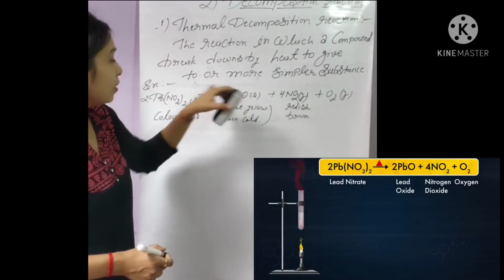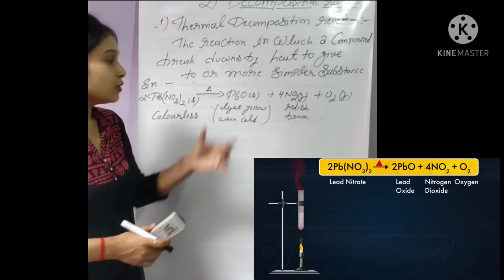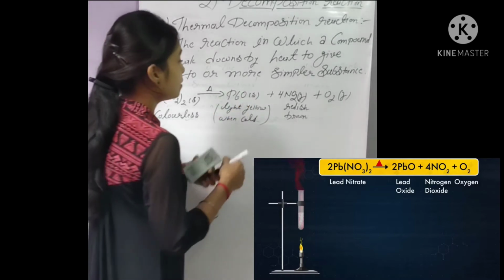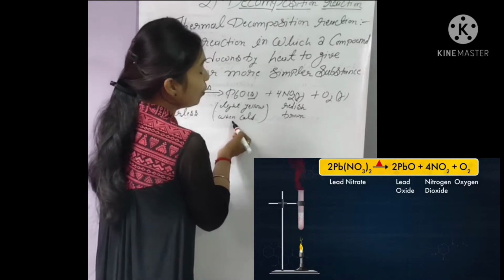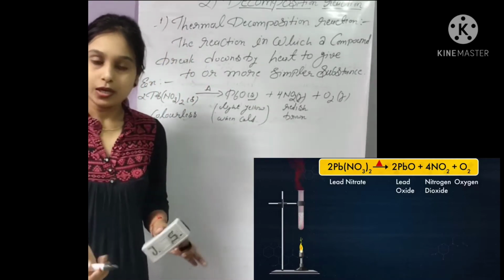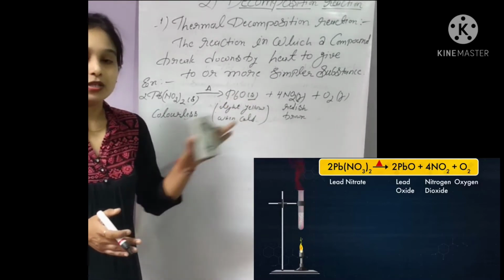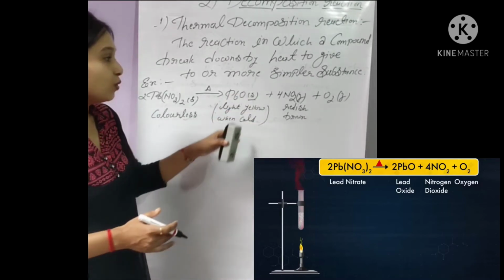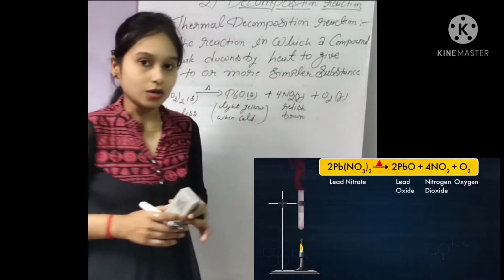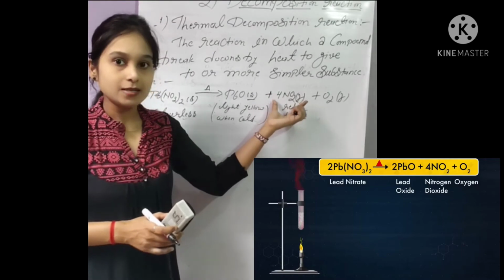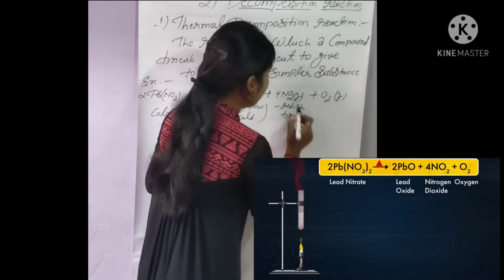The first compound is lead oxide, present in solid form, and its color is light yellow in cold condition. The next compound formed is nitrogen oxide, present in gas form, and its color is reddish brown.